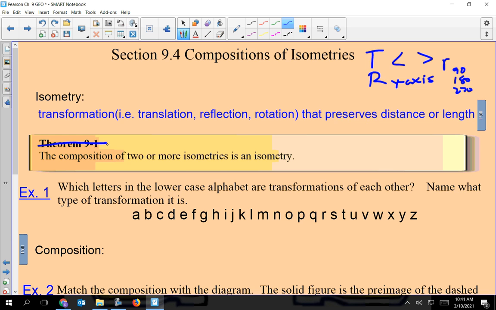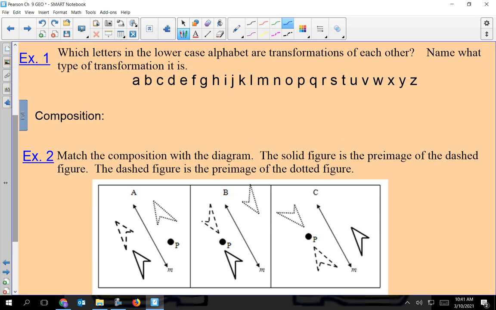In example number 1, you don't need to write this down, but we're just looking at which of these letters are images of each other, and what kind of transformation took place. So just very quickly, if you looked at B and D, I believe they're a transformation of each other, and it looks like I reflected them across a line, so that's a reflection. So I use capital R for that.